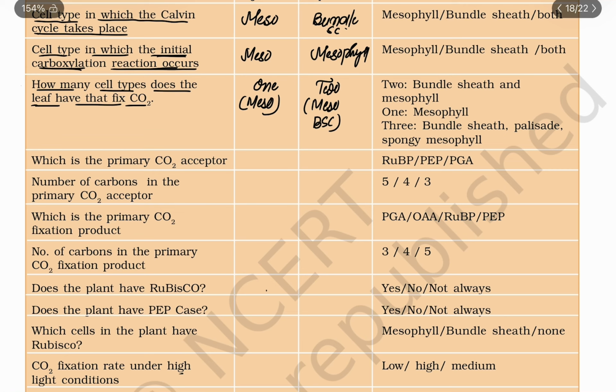Next, which is the primary carbon dioxide acceptor in C3 plants? In C3 plants, the primary carbon dioxide acceptor is RuBP, that means ribulose 1,5-bisphosphate. But in C4 plants, the primary carbon dioxide acceptor is PEP, that means phosphoenol pyruvate.